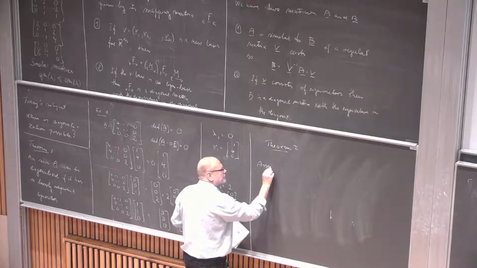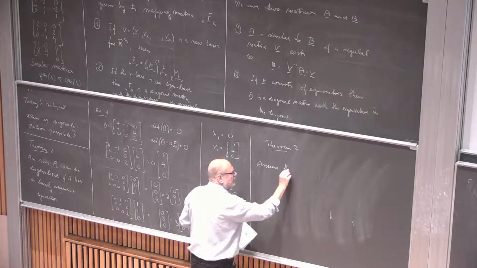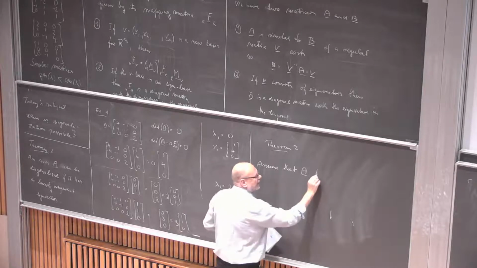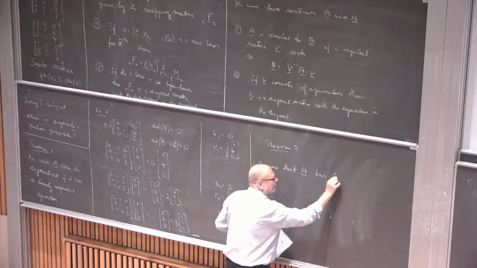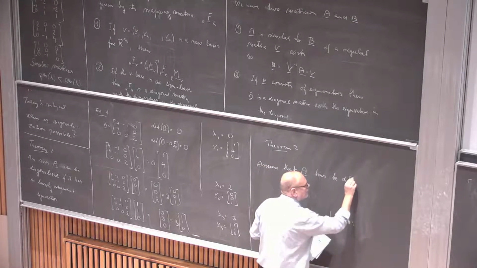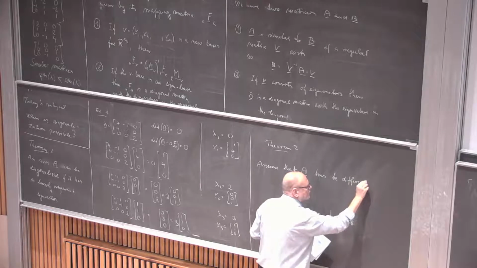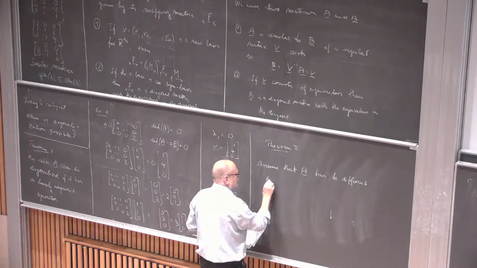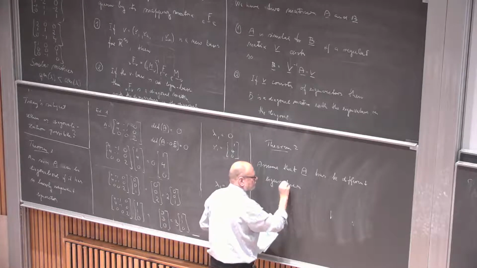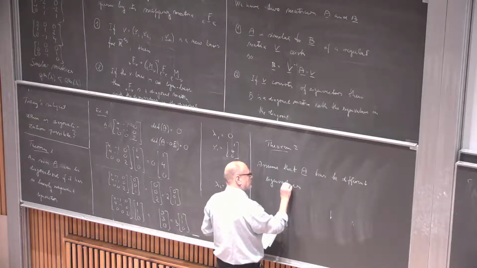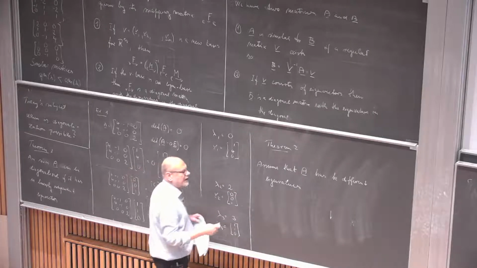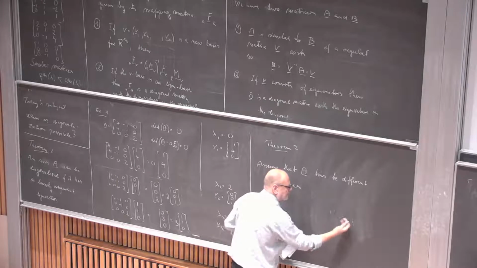We assume that the matrix A has k different eigenvalues. Remember, A is an n by n matrix, but k of the eigenvalues are different.